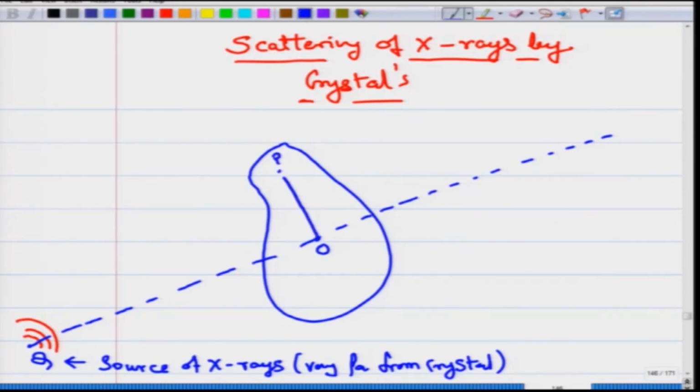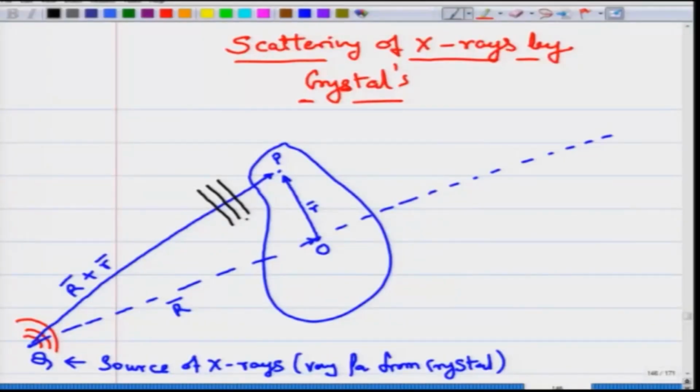With respect to point O, it is located with R, and this is capital R. Now, this is R plus r, and now because the Q is very far away from the crystal, the wave fronts which are reaching the point P are nothing else but plane wave fronts, because by the time they reach the crystal these wave fronts have become so large that you can consider them as part of very large spheres which you can take as plane wave fronts.